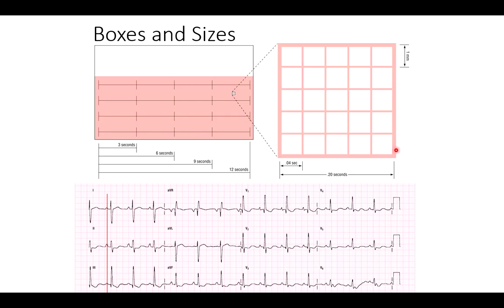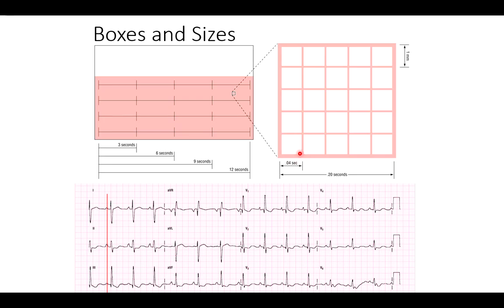And if we look vertical, vertical is distance. So it tells me how many millimeters tall a particular waveform is. Left to right would be time, and each of these small boxes would be 0.04 seconds.